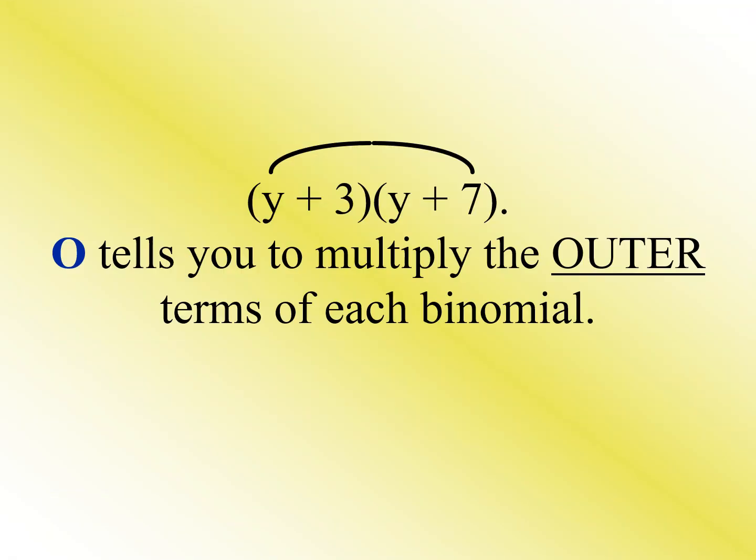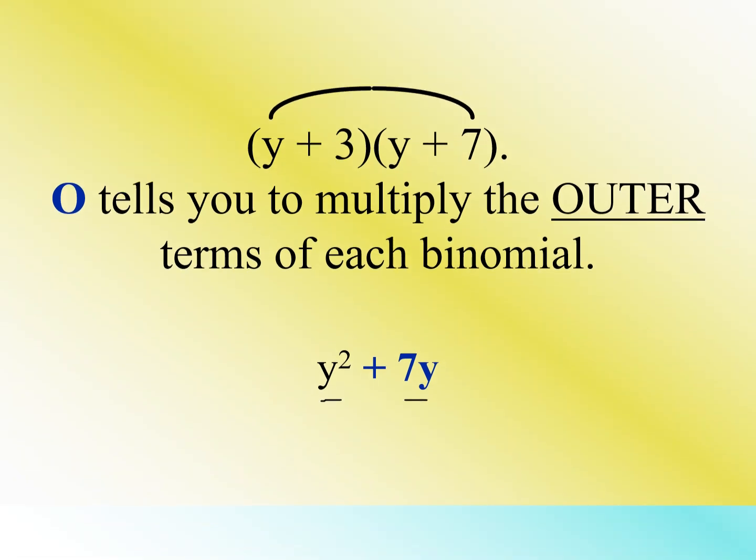The O tells us to multiply the outer terms of each binomial. And what are the outer terms here? We have y and 7. So that will give us 7y. This one is the product of the first terms, and this is the product of the outer terms.